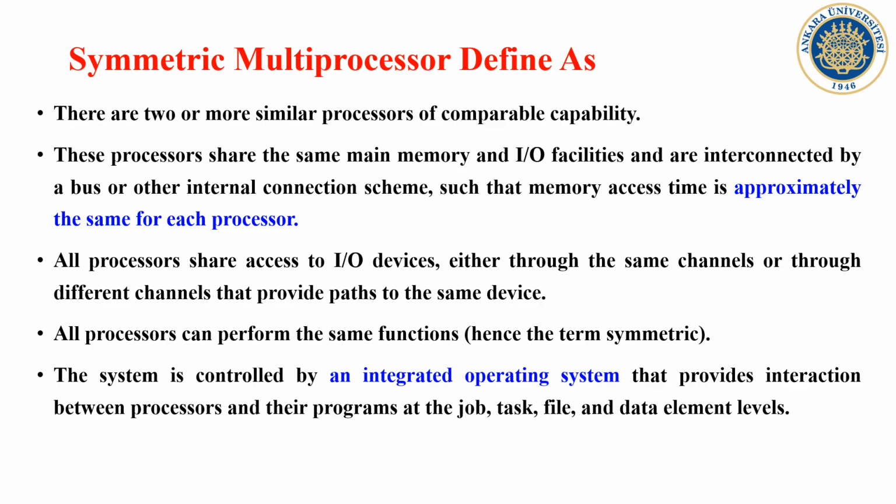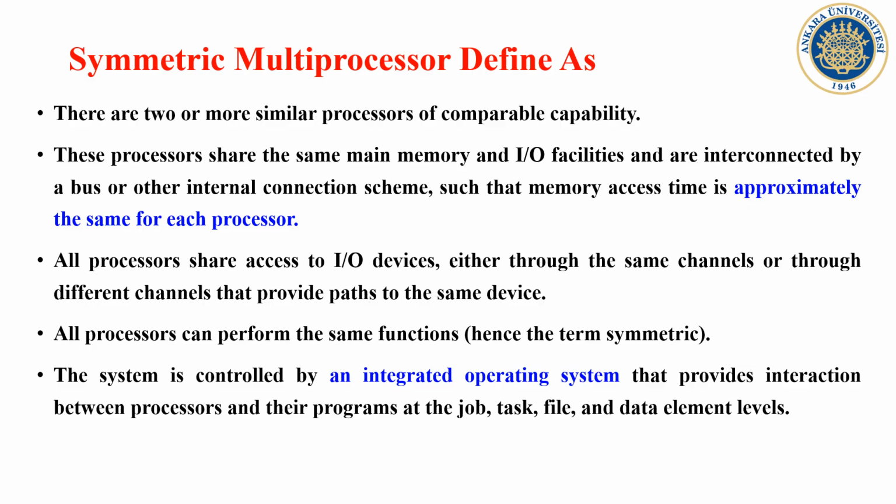A shared main memory that all processors can access equally. Shared devices, either through a common channel or through separate channels that lead to the same device. An internal interconnection mechanism, such as a system bus, that links processors, memory, and input and output components.